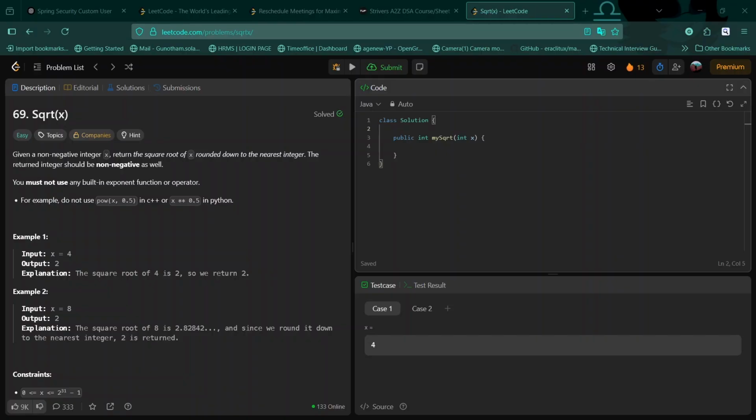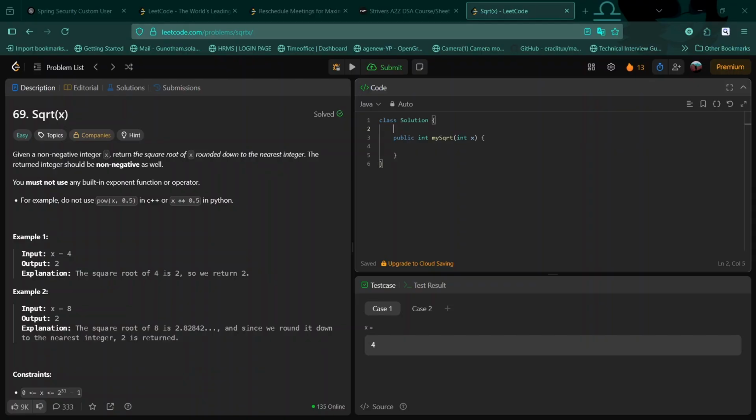If it's greater than x, I will update the value of high to mid minus 1, and if it's lower than x, we know that the number is still available in the upper half of the numbers, so I will update low to mid plus 1.